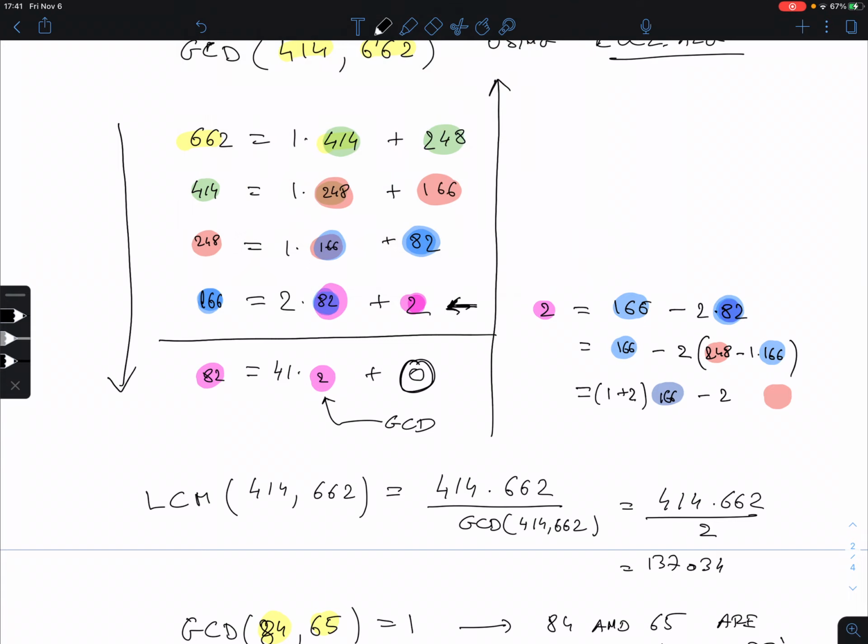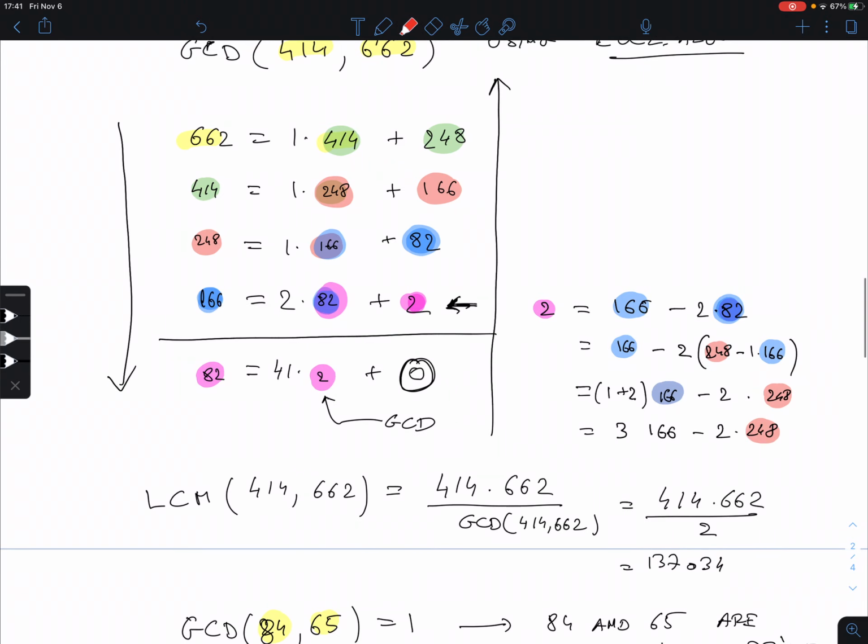Sorry, I don't know why I put it so far behind there, but that's what I mean: this times that. So let me write it a little bit shorter. We have 3 times 166 minus 2 times 248, where this was the red number and this was a blue number.